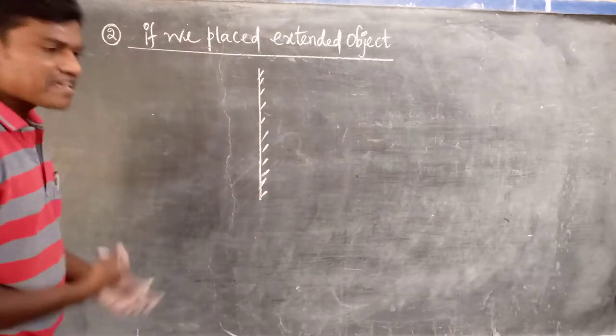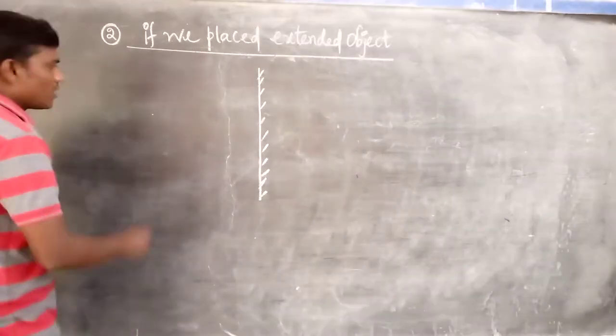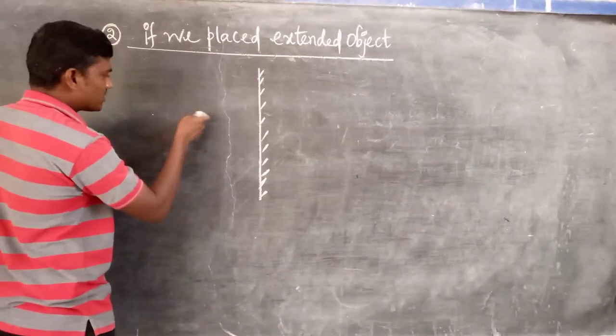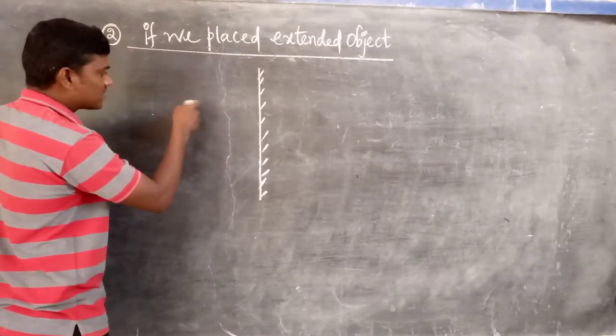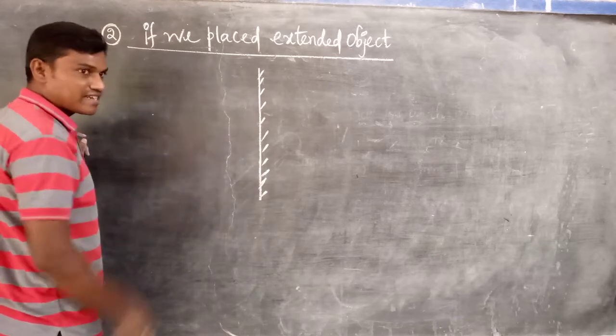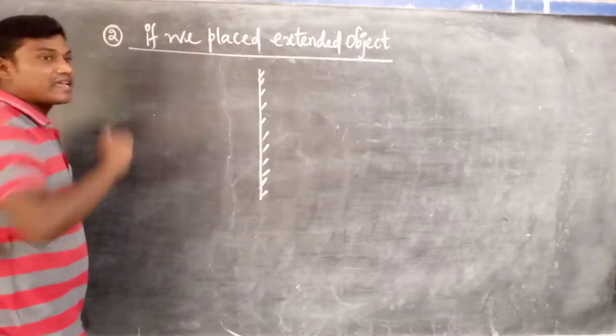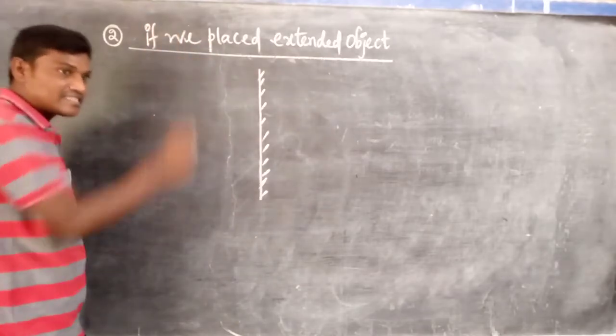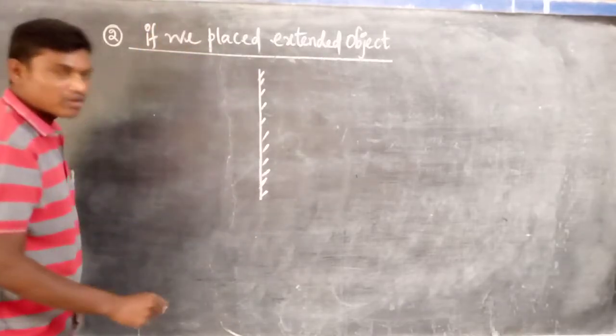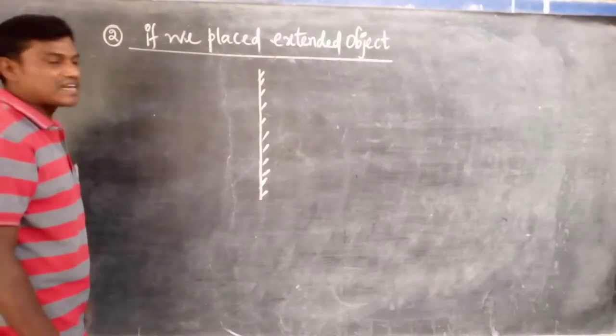An extended object is, we are considering, not a point size or spherical shape. It is something erect, like a human. We consider a tree, a candle, a stick, a book. Like this, all are extended objects.